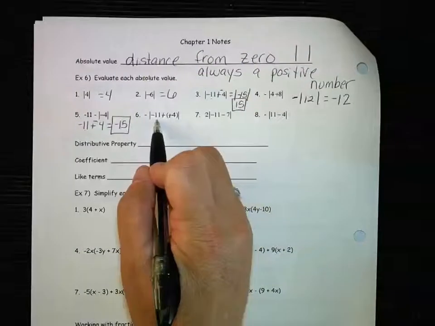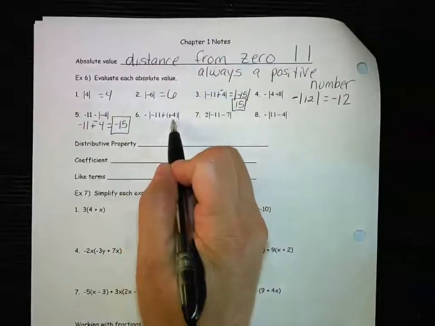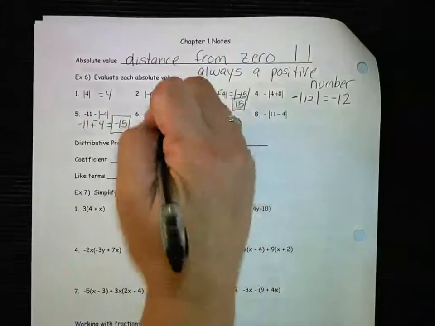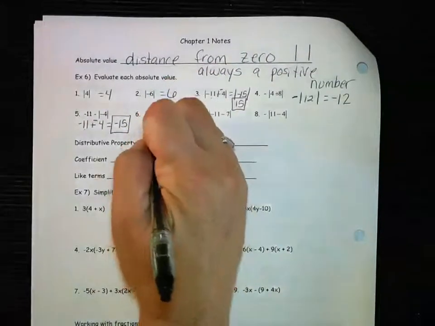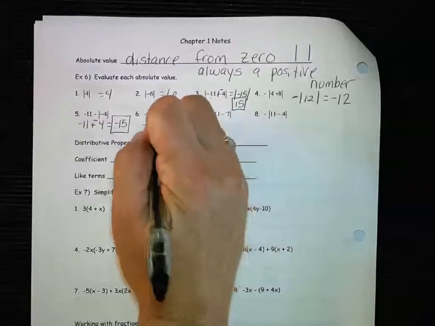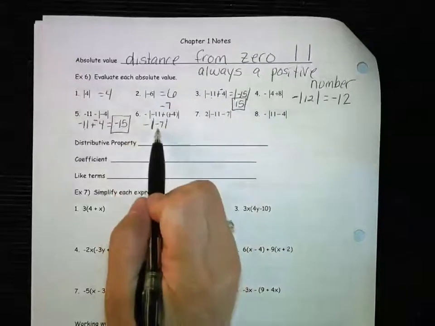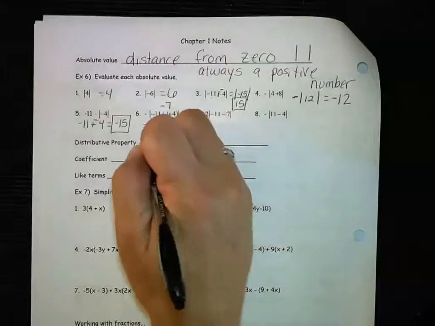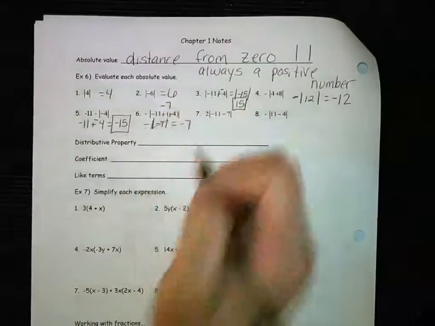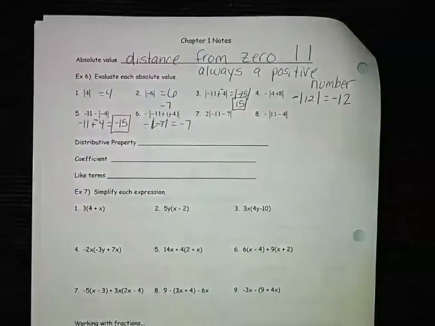You're $11 in the hole and you pay somebody back $4, you're at a negative 7. Absolute value of negative 7 is 7. And then you put the negative out front, so you have negative 7.